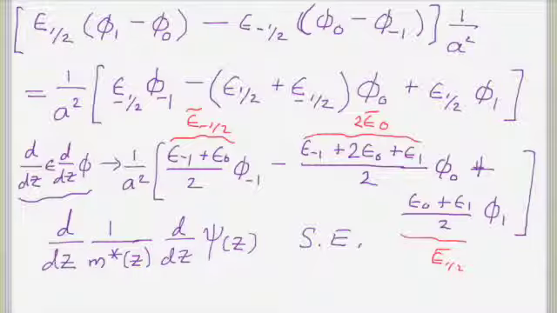In matrix vector form, our Poisson's equation looks like this. I've got a minus 2 epsilon 1 tilde and then epsilon 3/2, and then all zeros across the row.